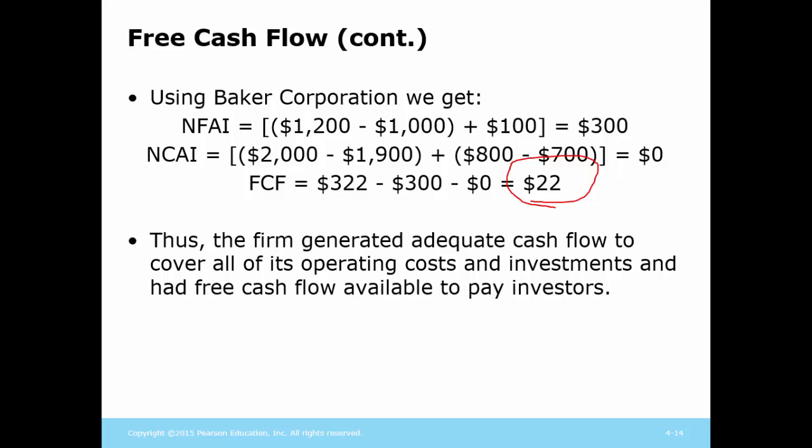So how could we do this? We could use this for dividends. We could use it to make additional interest payments. We could use it to buy back stock. We could use it to buy back the debt of the company. Again, investors are interested because it gives them a sense of safety. How safe do they feel about the future of their expected cash flows?